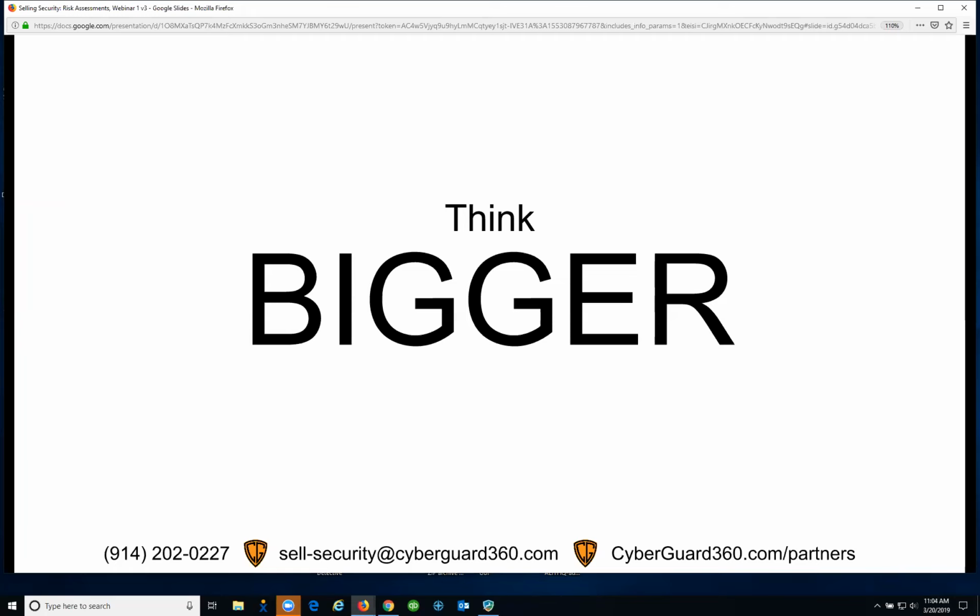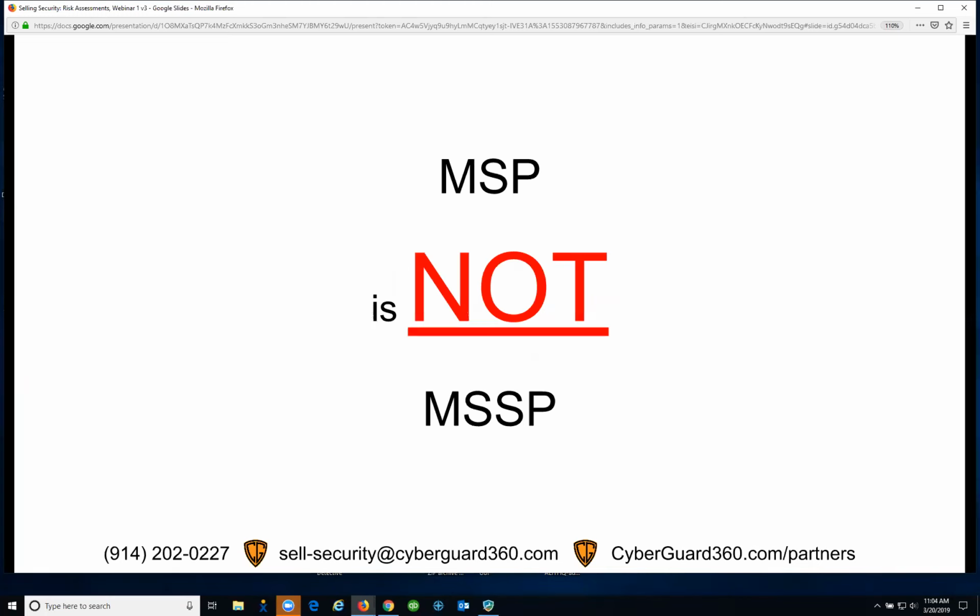So what we want you to do is think bigger, think beyond the four corners of technology that sit in your client's or your prospect's space, and think bigger to the company, what they're doing and how they work and how they operate. Because it's important to remember that an MSP is not an MSSP. The difference between the two is huge.